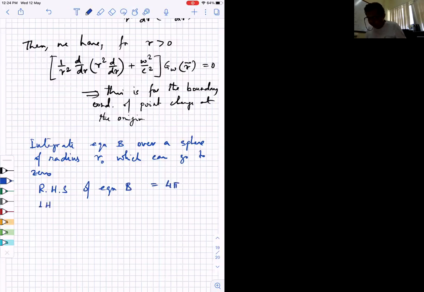I want to look at what is the LHS. The LHS is, remember, the divergence of this, so this becomes a surface integral.